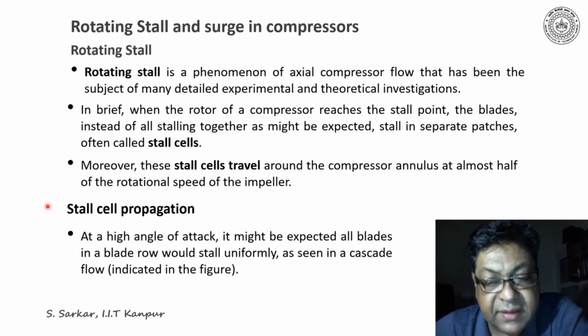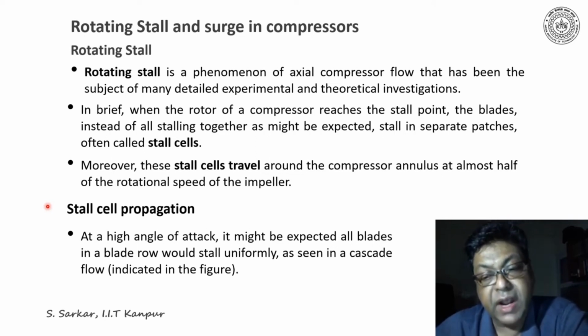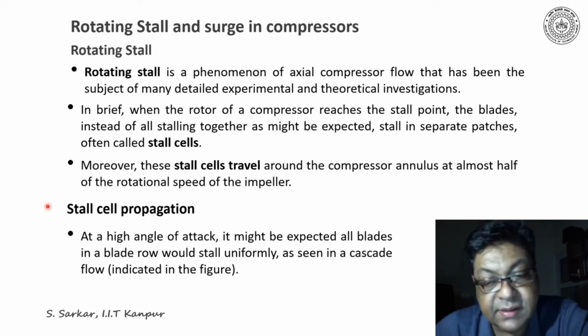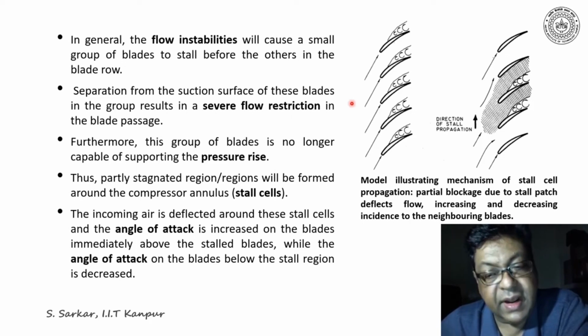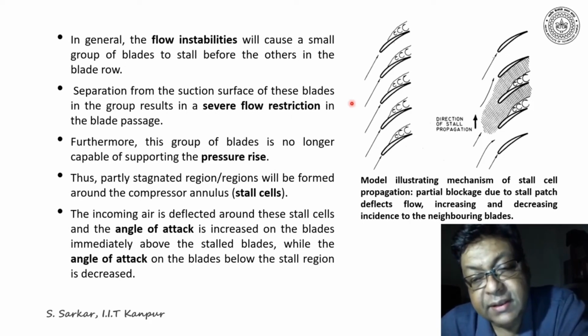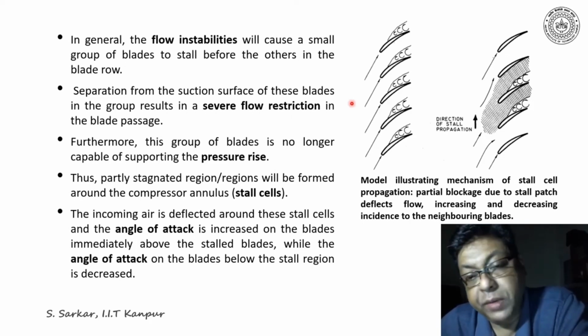I'll now explain the propagation and formation of stall cells through the schematic on the next page. Through a schematic here, I have tried to explain the mechanism of formation of stall cells and their propagation.